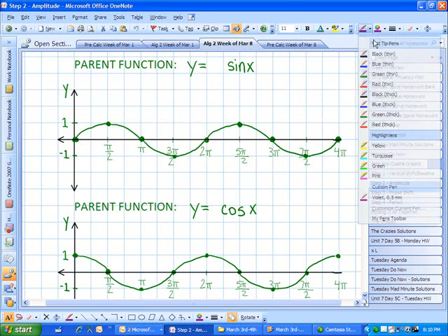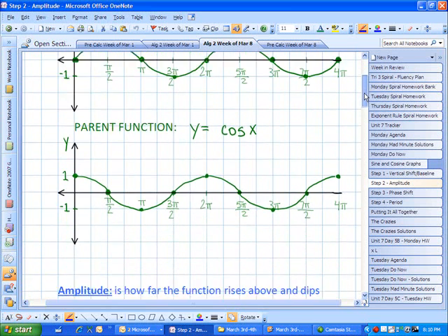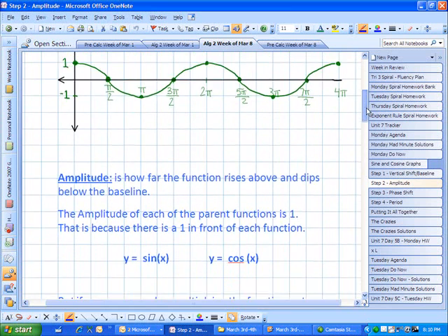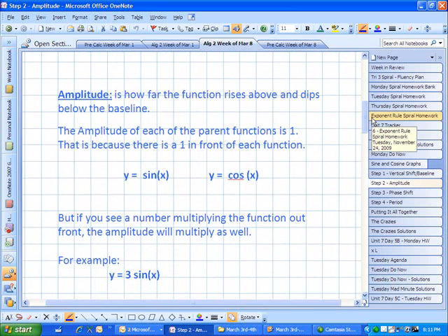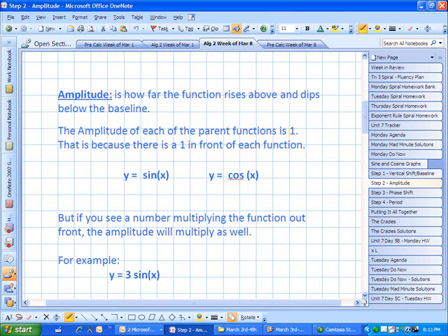Now we're going to talk about step 2, where we deal with a concept called amplitude. You've heard me mention it before so far, but amplitude is how far the function rises above and dips below the baseline. So far, our amplitude has always been 1.